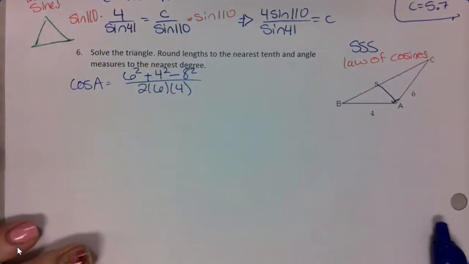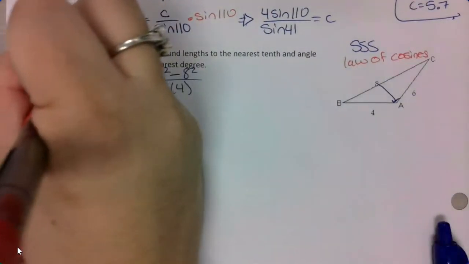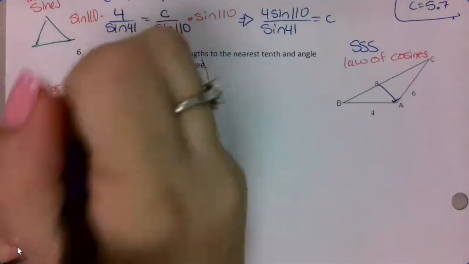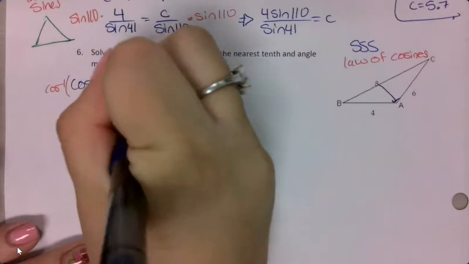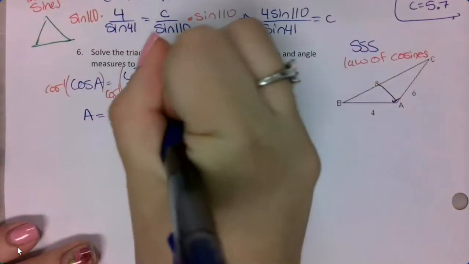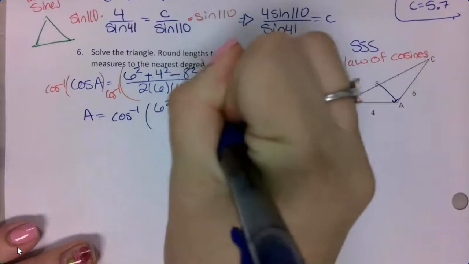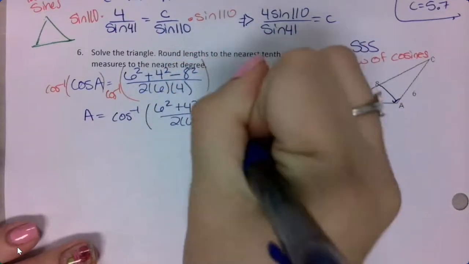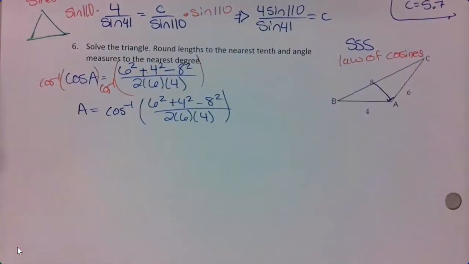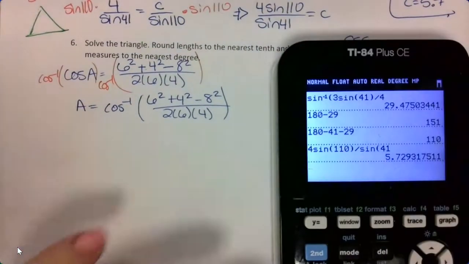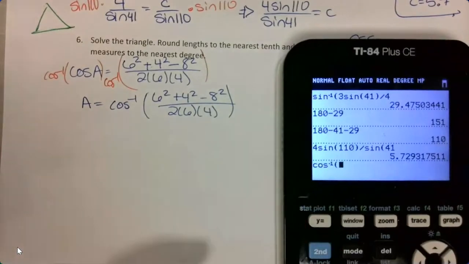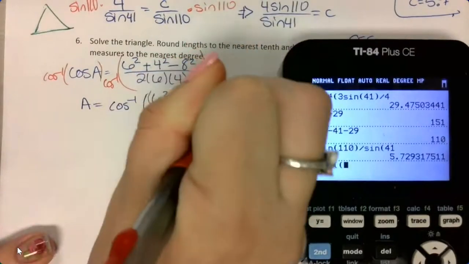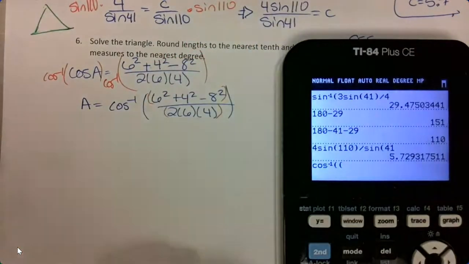Then I need to isolate my variable, so I'm going to find inverse cosine. So I'm going to go ahead and type this just straight into my calculator. If I do this, I want to make sure my numerator is in its own set of parentheses and my denominator is in its own set of parentheses.